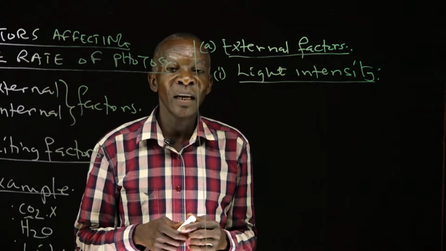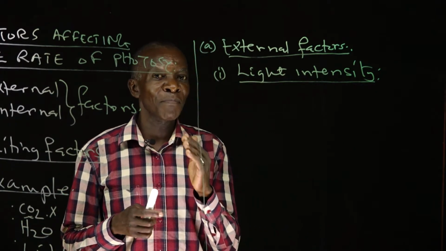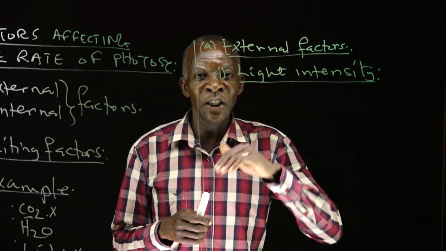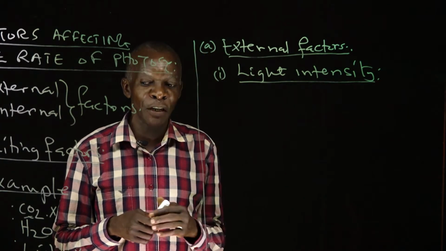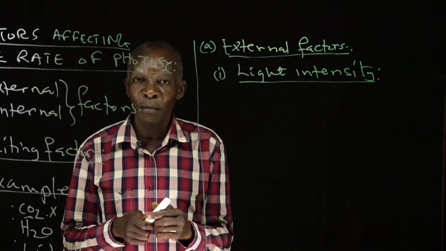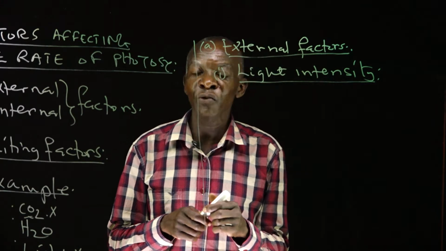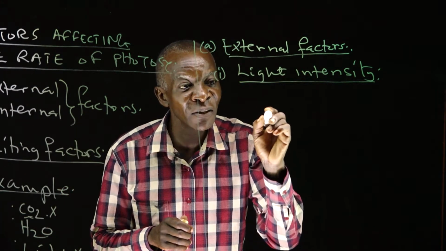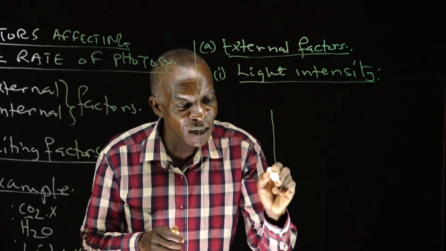However, in some plants, additional light above the light saturation point will result in an increased rate of photosynthesis, provided that the concentration of carbon dioxide is high. What I'm saying here is, consider this graphical illustration.